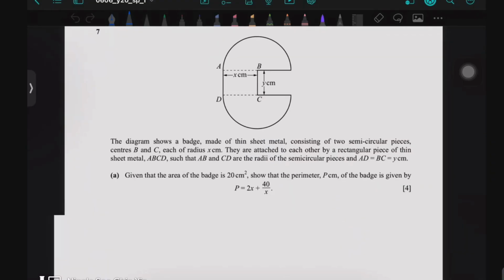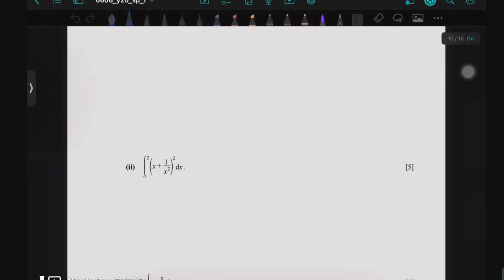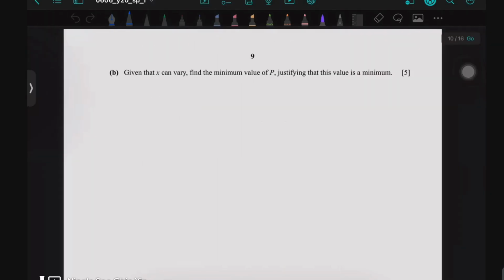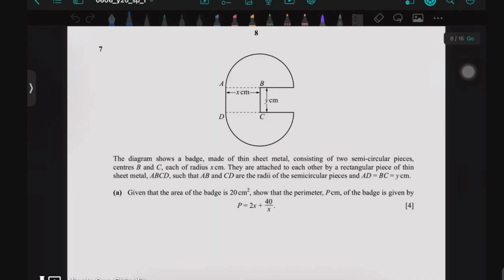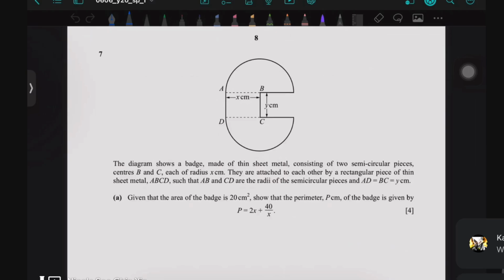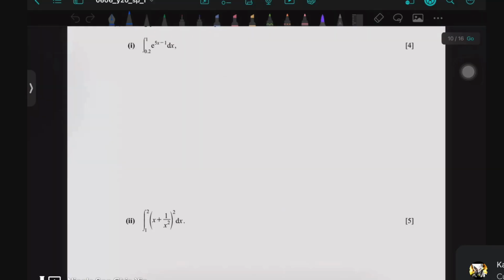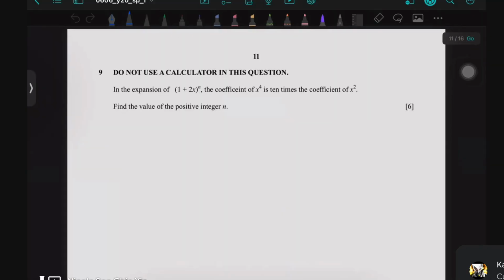Okay, this question 7 is about differentiation again. Why not I give you about 2 minutes to try it yourself. For part A also can, you try first. Question 8 is integration, so I was going to skip 8.